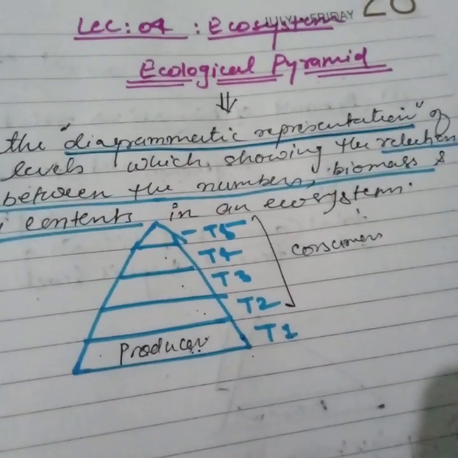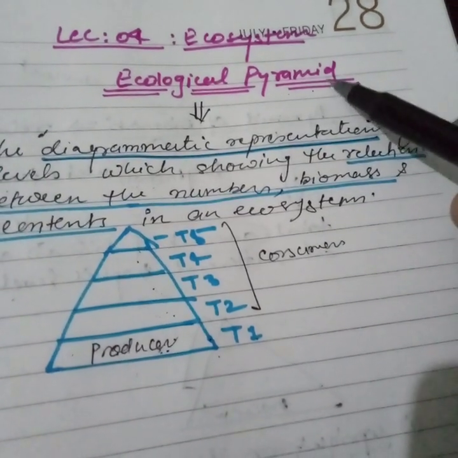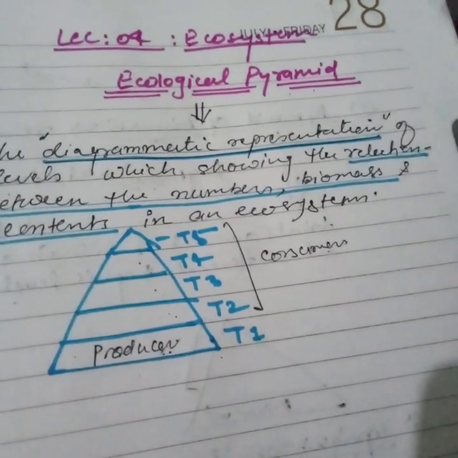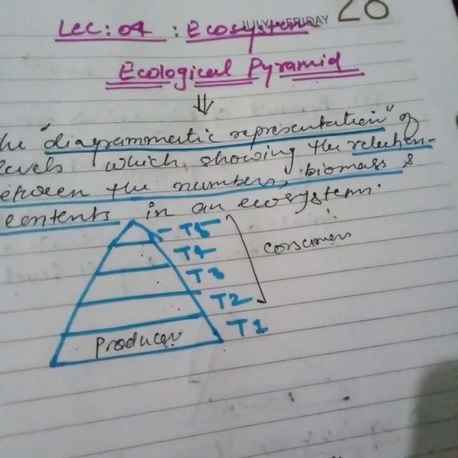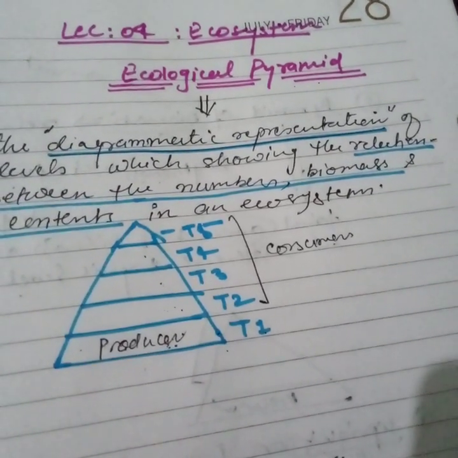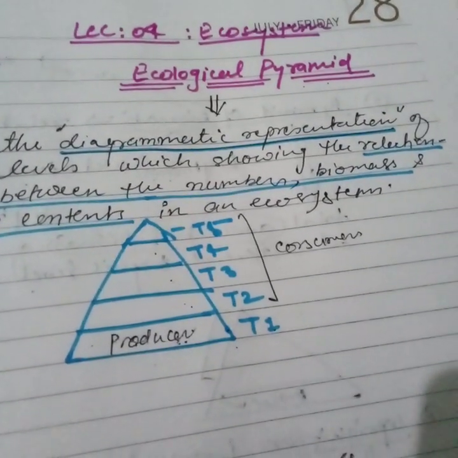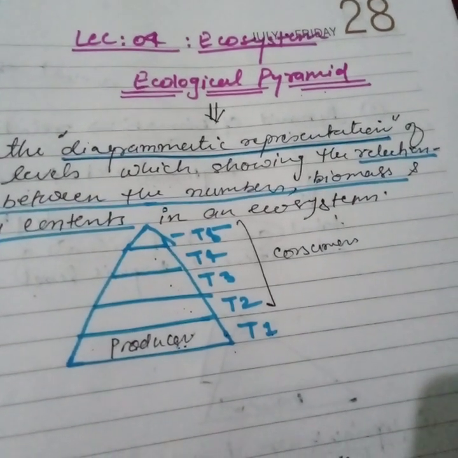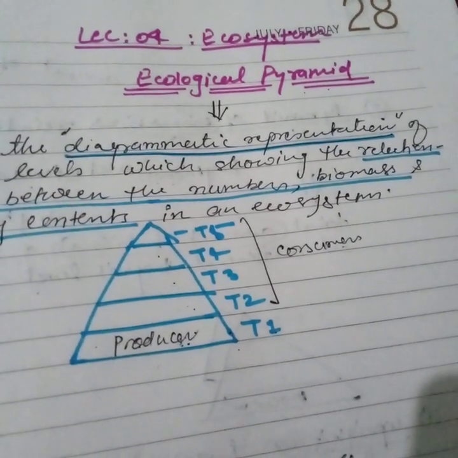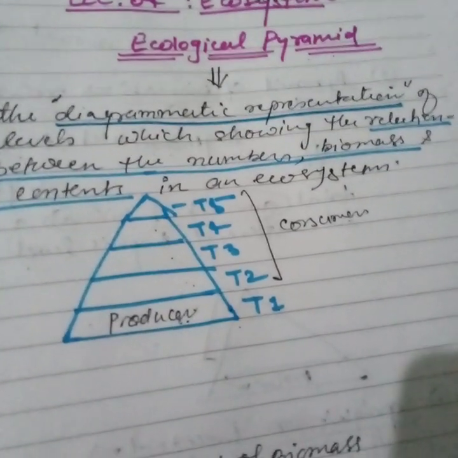This is the important significance of ecological pyramid. Clear? So ecological pyramid is a diagrammatic representation. Of what? It is for the trophic levels, and the ecological pyramid tells the relationship between the biomass, numbers, and energy contents of an ecosystem.